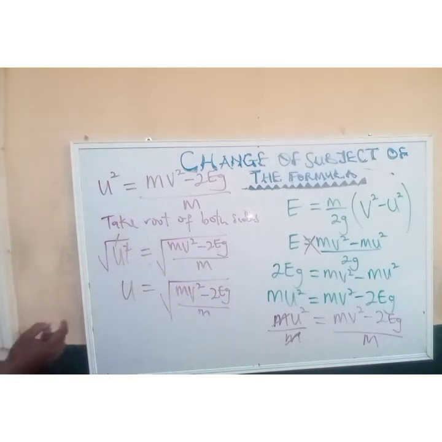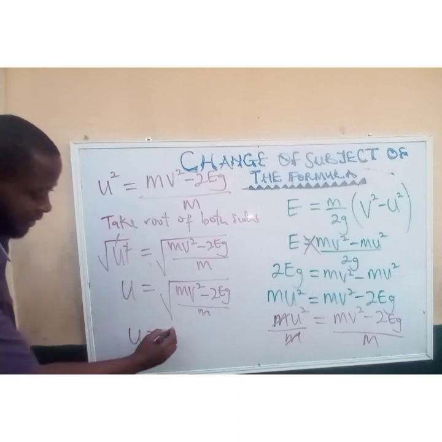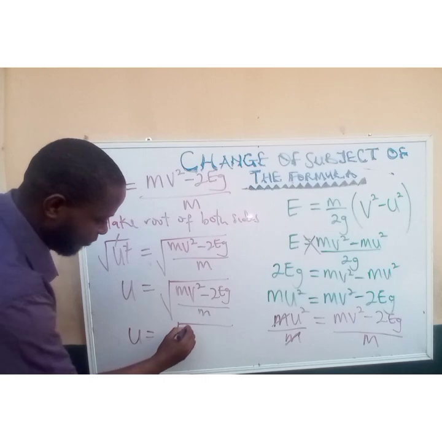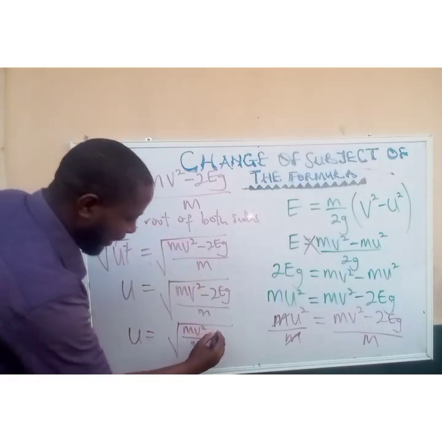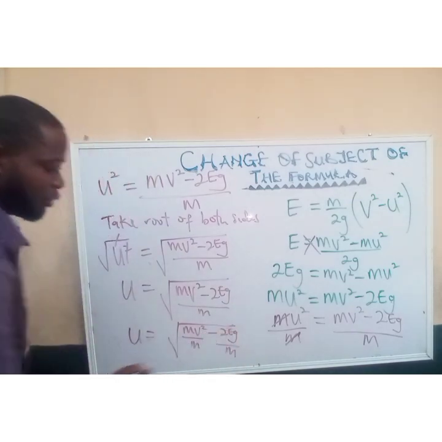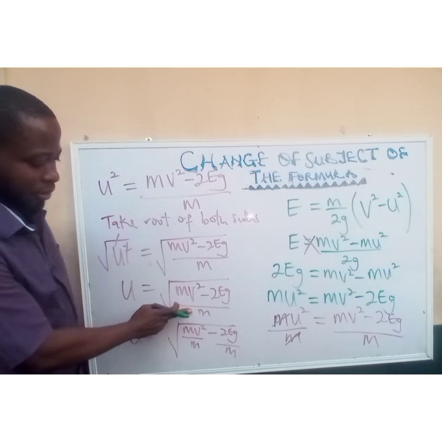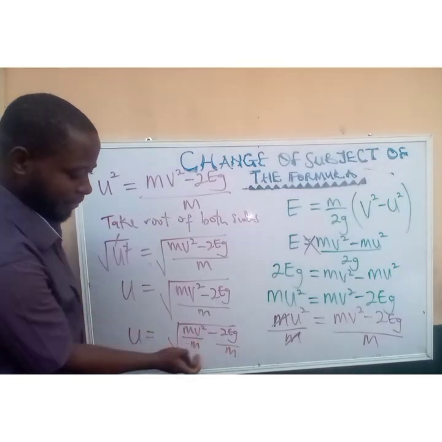Now when you have this, you can leave your answer like this, or you can proceed by saying MV square all over M minus 2EG all over M. So the denominator here, which is M, has been shared for them.